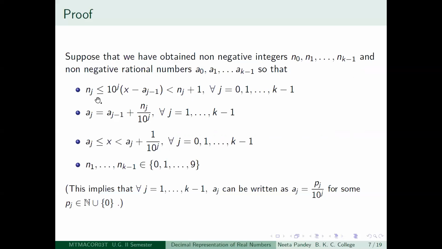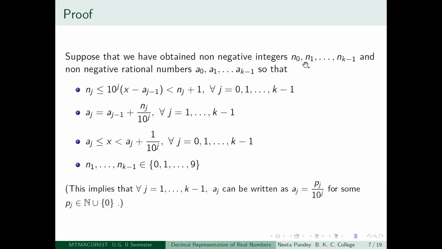First of all, nj is less than or equal to 10 to the power j times (x minus aj minus 1), which is less than nj plus 1, for all integers j between 0 and k minus 1. Secondly, your recursive definition is that aj is equal to aj minus 1 plus nj divided by 10 to the power j, and aj satisfies the property that aj is less than or equal to x, which is less than aj plus 1 by 10 to the power j.